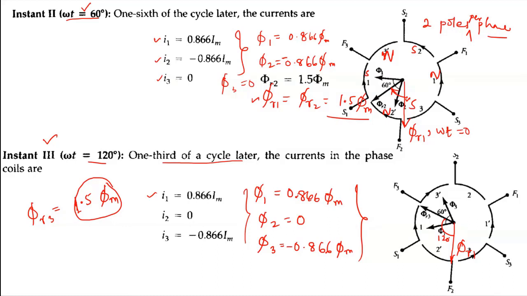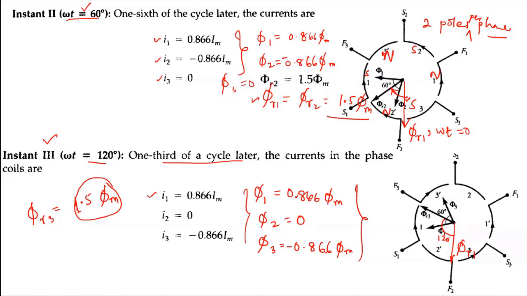Suppose I take 4 poles per phase. So this resultant flux will move only 180 degrees with 360 degrees, one cycle of the current. So with respect to one cycle of the current, this resultant flux will move only 180 degrees, right? That means half of this.